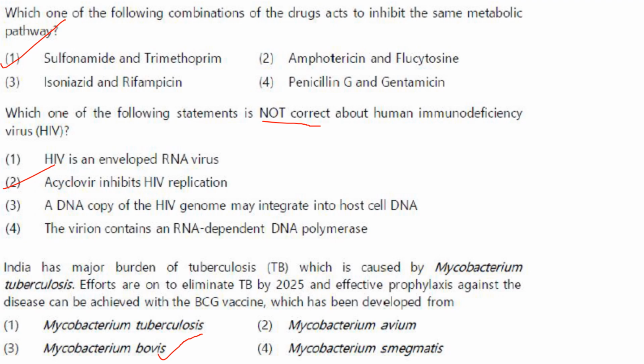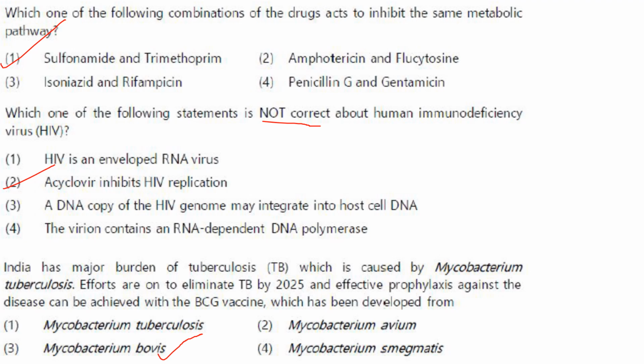And trimethoprim is a direct competitor of the enzyme dihydrofolate reductase. And both these inhibited enzymes are involved in the synthesis of folate. So sulfonamide and trimethoprim inhibit folate synthesis, and that is, as per the question, they inhibit the same metabolic pathway. So the answer here is option 1.